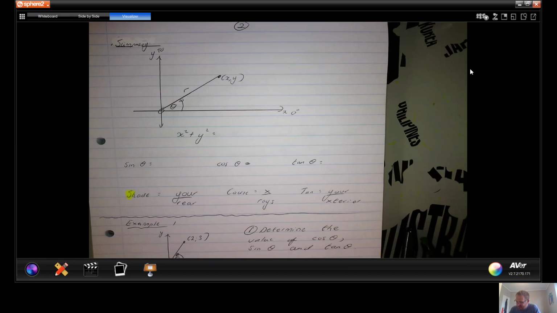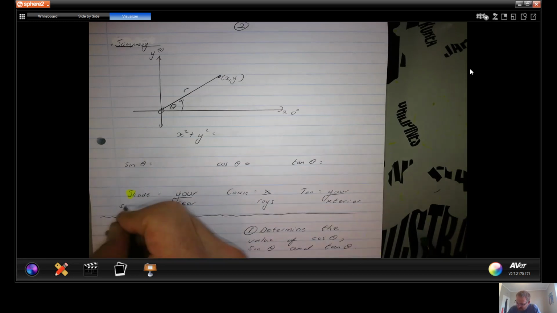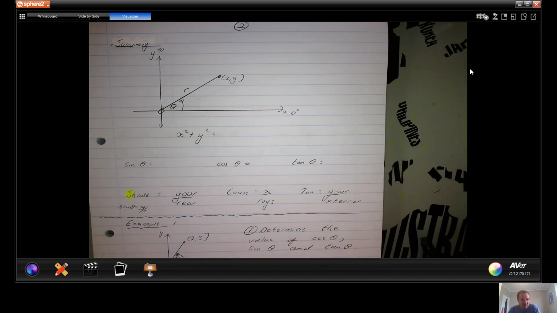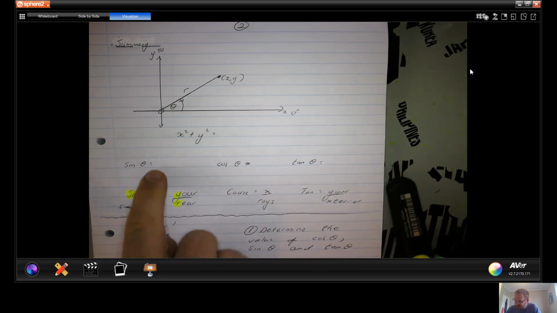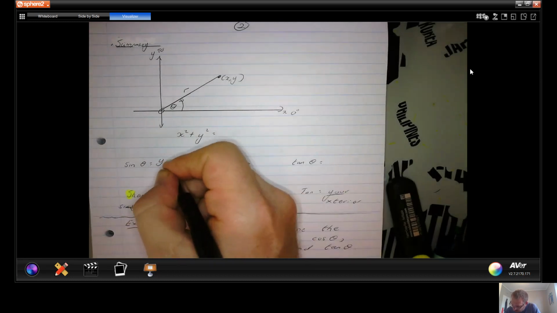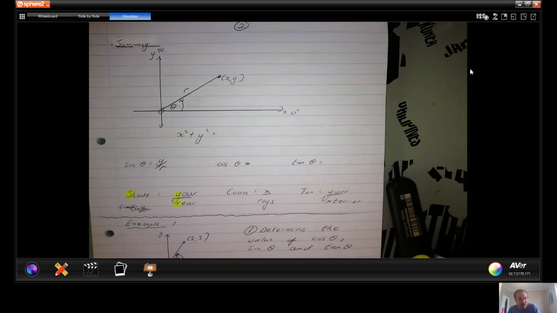Remember that sine is the ratio of the y coordinate over the radius. Cos is going to be, sorry, we should go over here. So shade your rear. In other words, sine of an angle is the ratio of the y coordinate over the radius anywhere along that line.